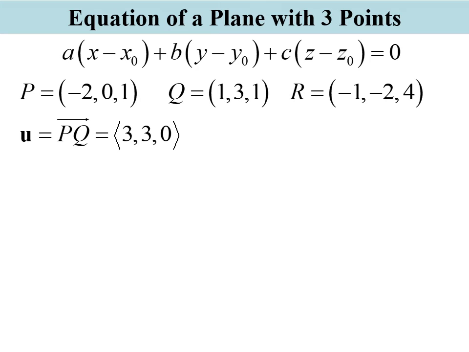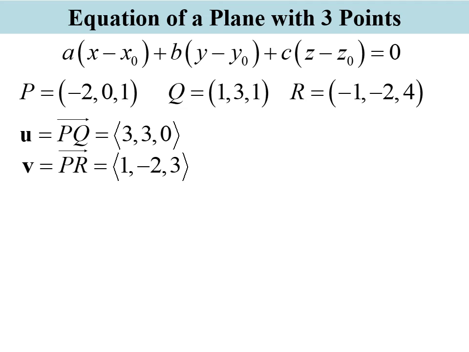In this situation, I'm using the PQ. Then we find another vector between any 2 of those points, other than the P and the Q. So we could go with the PR or the QR, or vice versa, RP or RQ. I will do the PR.